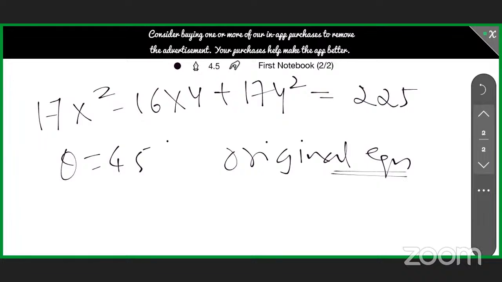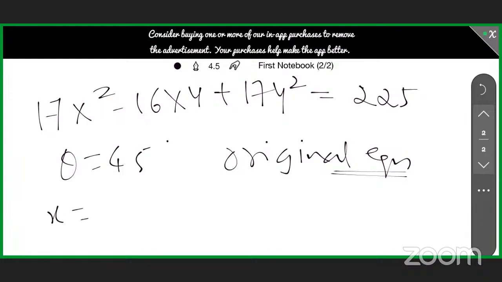How do you do it? Capital X is equal to x cos theta minus y sin theta, and for capital Y, x sin theta plus y cos theta.